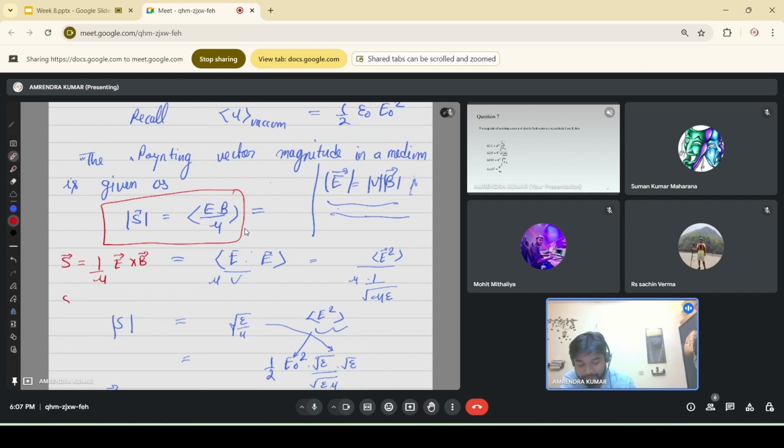And in the vacuum it was 1 over mu 0 E cross B. Okay, so once you calculate the magnitude, it is the magnitude of E and B.